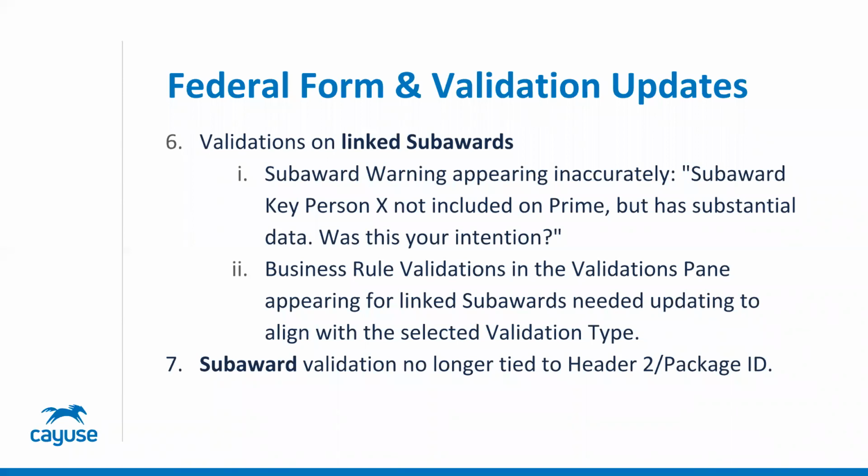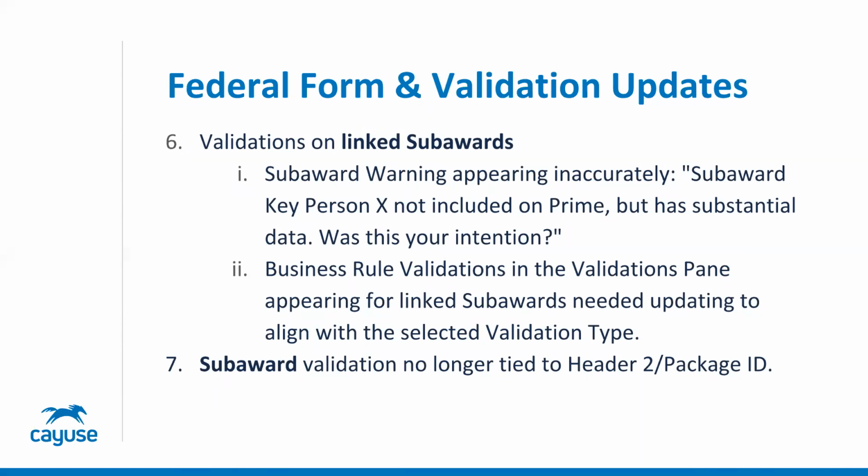That has been resolved. Also, we did some housekeeping on our business rule validations, which are the validations pane down at the bottom, to ensure that subawards that are linked to a prime have the same validation from the validation type as the rest of the prime. We had a little bit of alignment to do in there to make sure that they were happening together. So that work has been done.